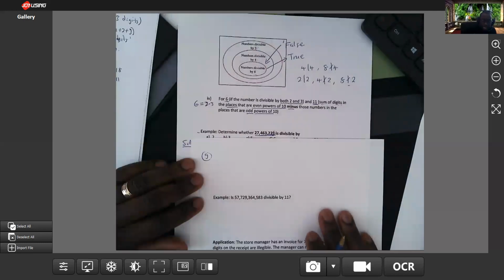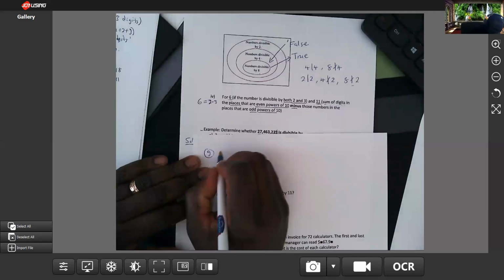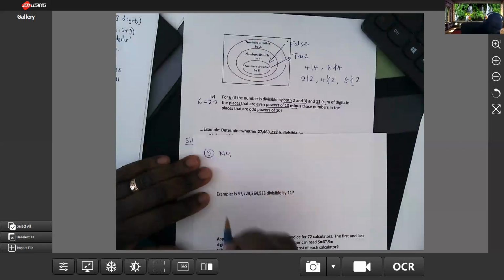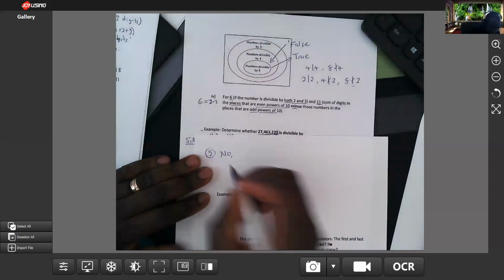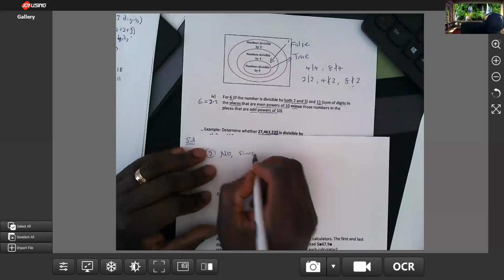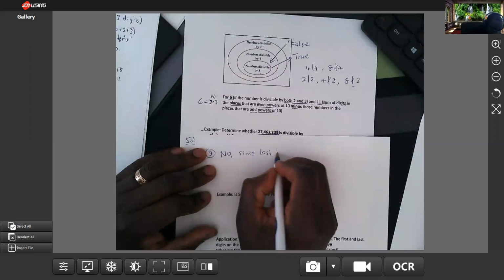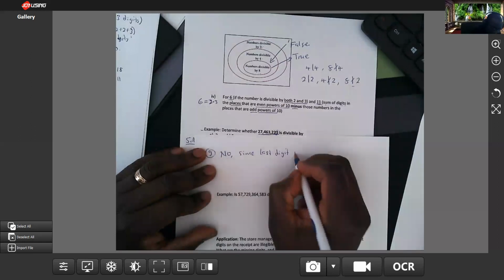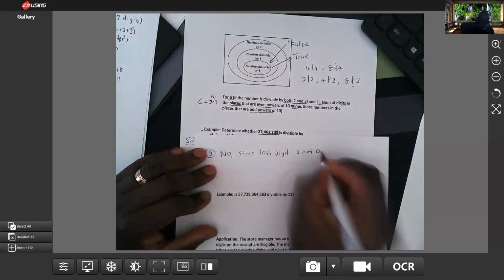Is it divisible by 10? No. What's the reason? No, because the last digit is not 0. Okay.